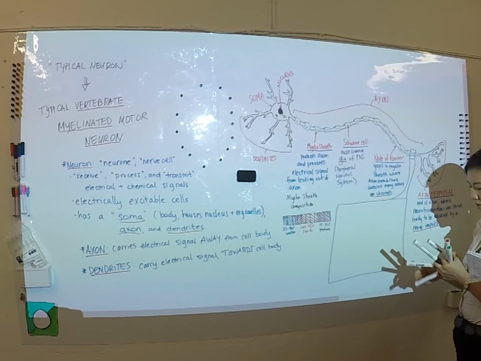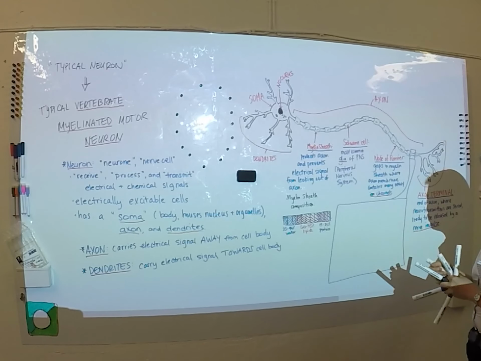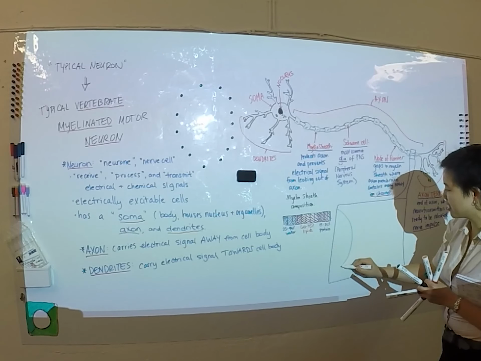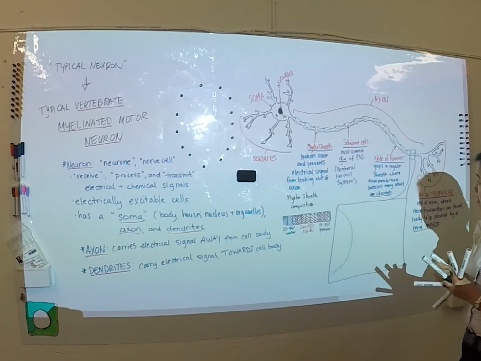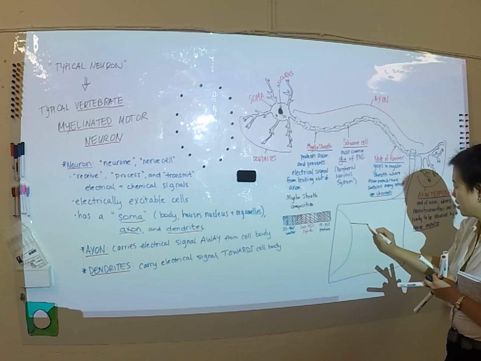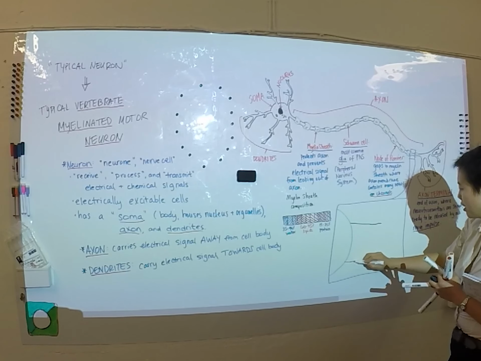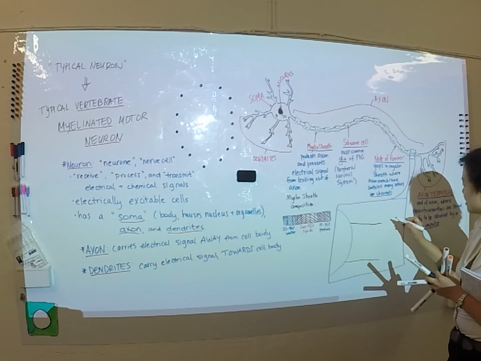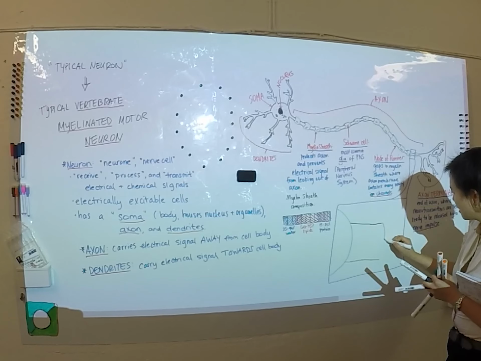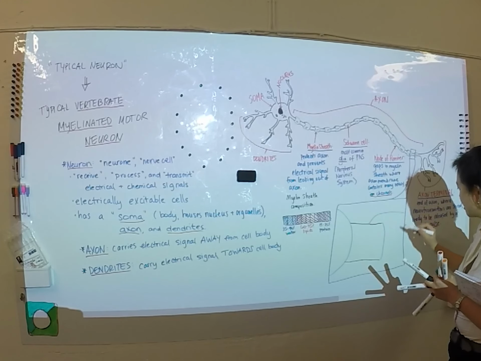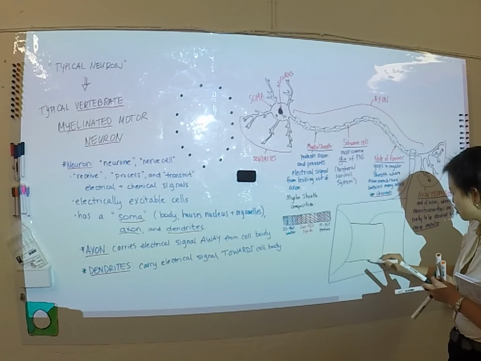So we have on one side our myelin sheath, nice and big. Then in the middle we have our axon membrane. Then on the other side, the next myelin sheath.